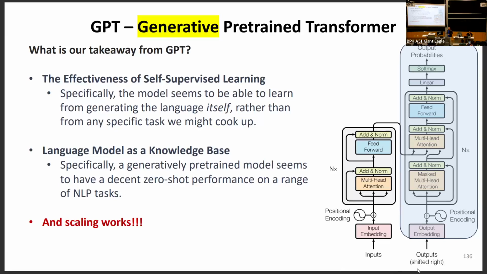Yes? If there's no encoder, then what do the key and value in the second block of the decoder come from? Very good question. If you look at this, you're wondering what comes in from this arrow, right? In a complete transformer, encoder hidden states should come in. And what do they carry? Encoder hidden states carry the representation of text that came before whatever you want to generate.